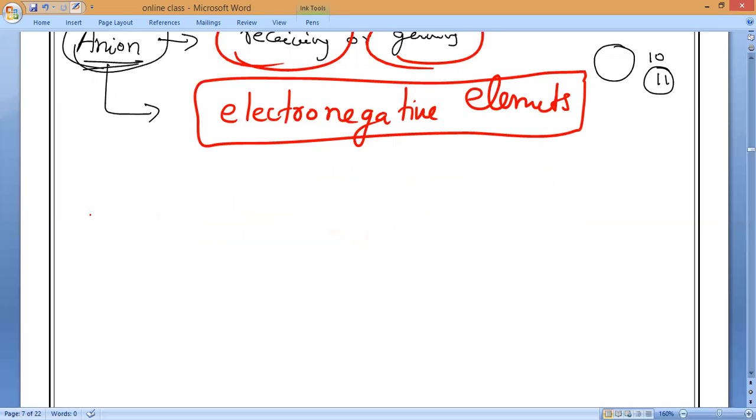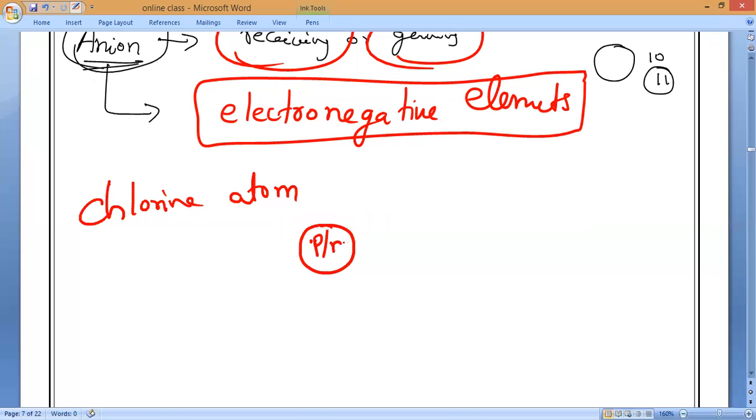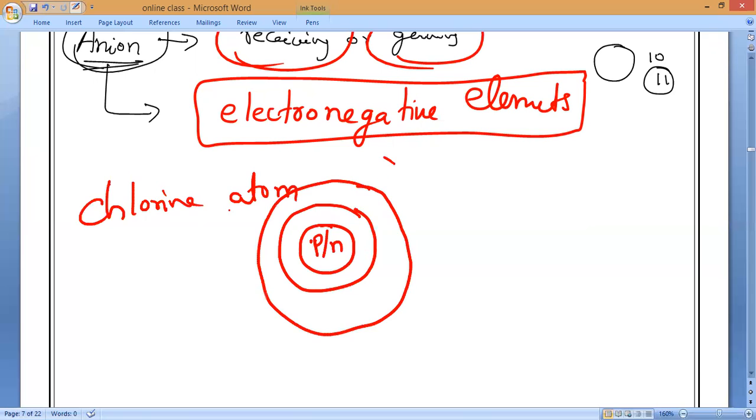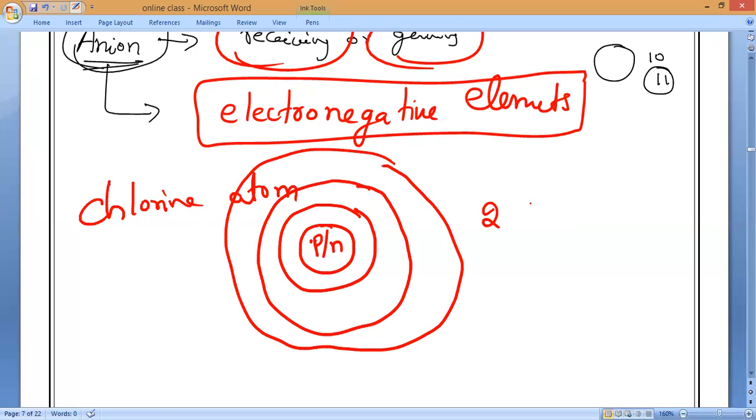So for example, if you take the chlorine atom, it will have a nucleus, approximately, with protons and neutrons. The first shell has 2 electrons, the second shell has 8 electrons, and the third shell has 7 electrons. 2, 8, 7. That is the number of electrons present. Totally how many electrons?